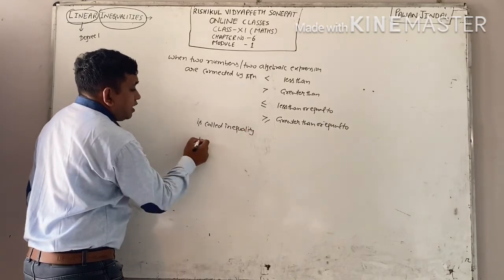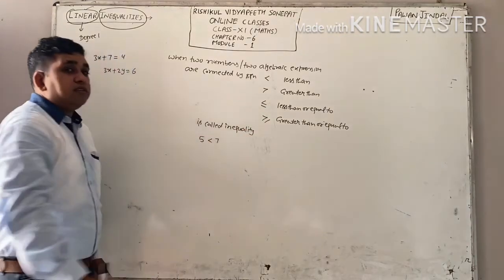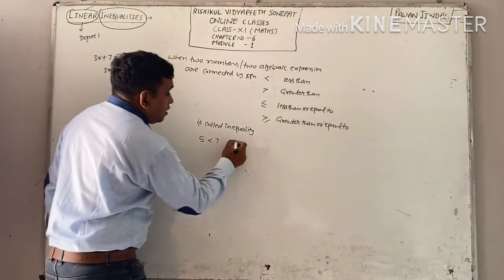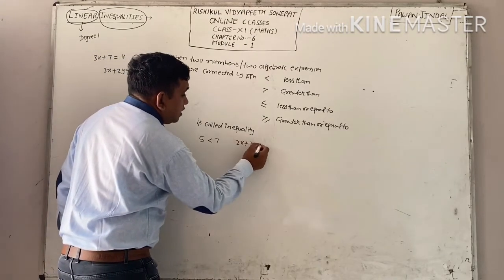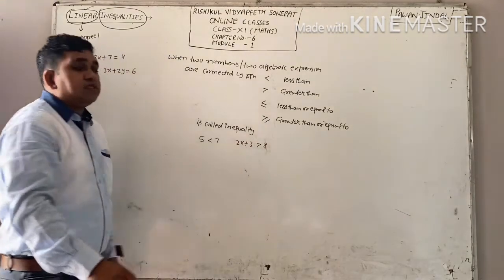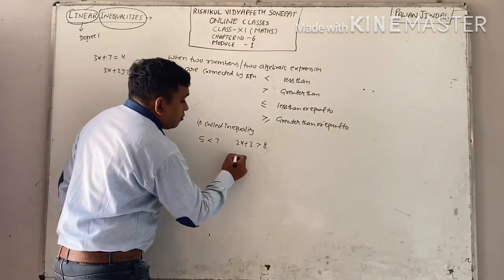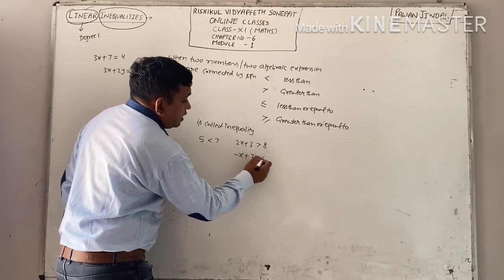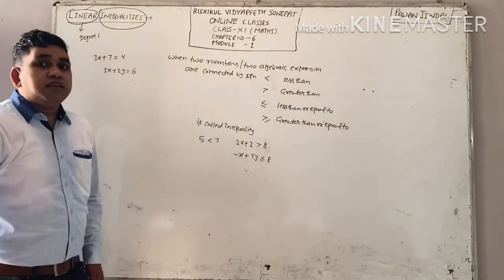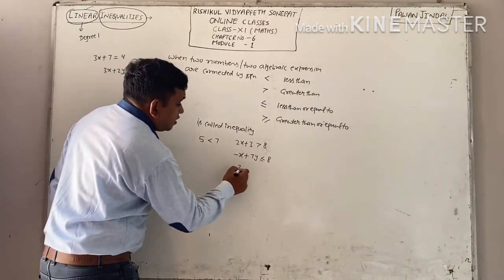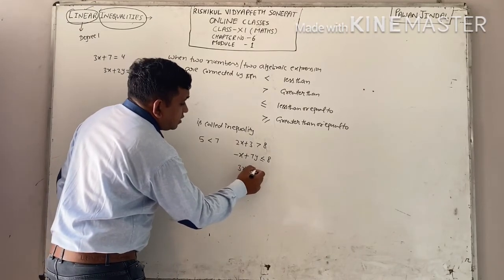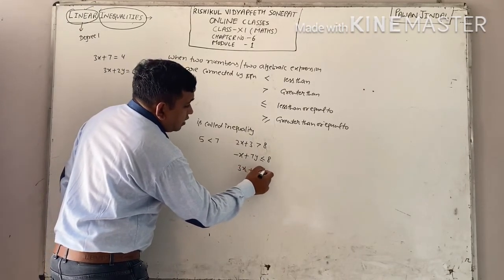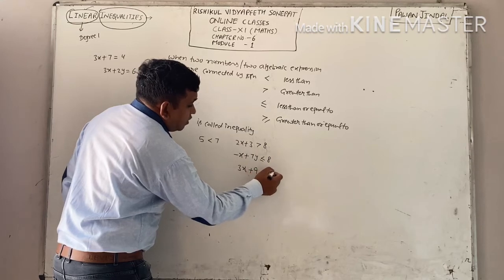Like 5 less than 7. This is an inequality. 2x plus 3 greater than 8. This is also an inequality. Minus x plus 7y less than equal to 8. This is an inequality. 3x plus 9 greater than equal to 4.